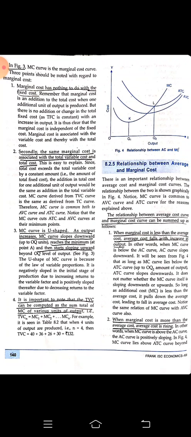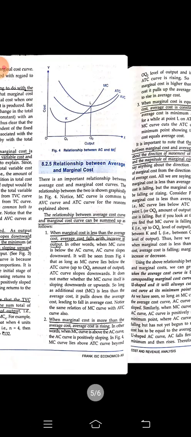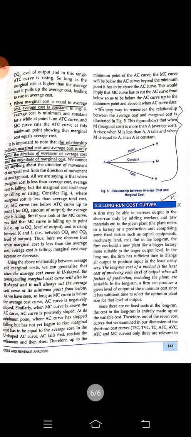An easy way to remember the relationship between the average cost and the marginal cost you can illustrate with this figure, figure number 5 in your book. This figure shows A on the left hand side and M on the right hand side. Always think that the line is coming from A and going to M.